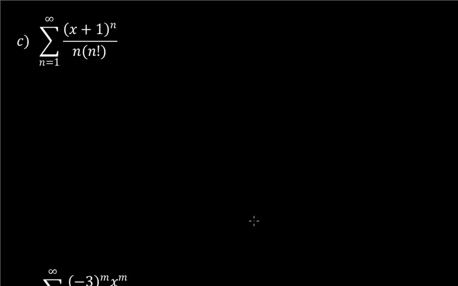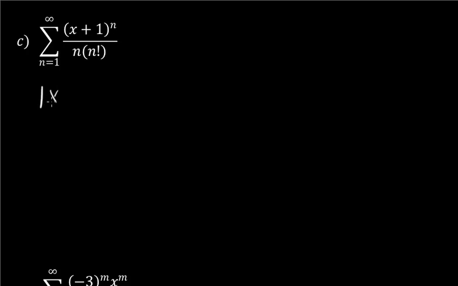Part C, we'll use the ratio test. Again, this is a power series centered at -1. So I will take the n plus first term of this series, and anything that could be negative, I have to have absolute value signs around that factor.